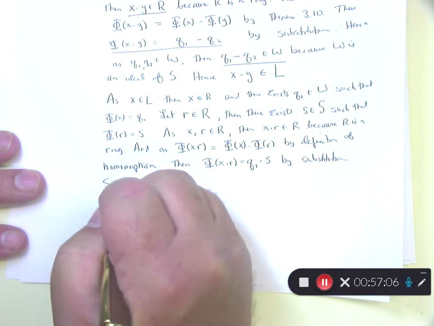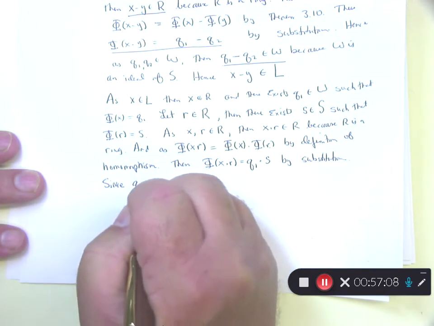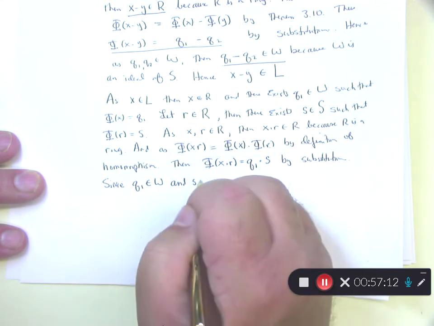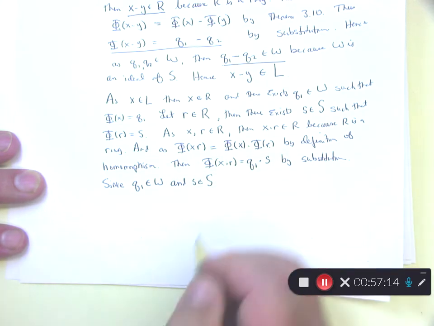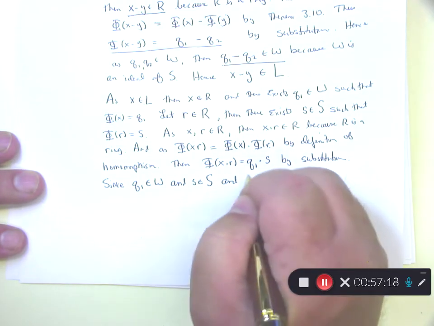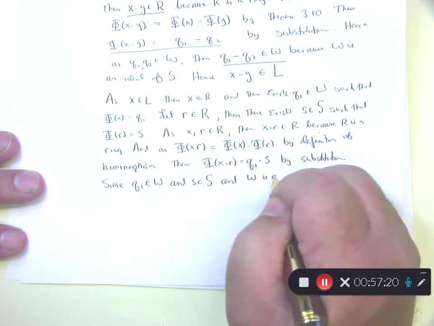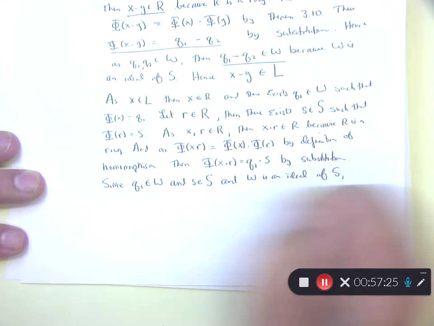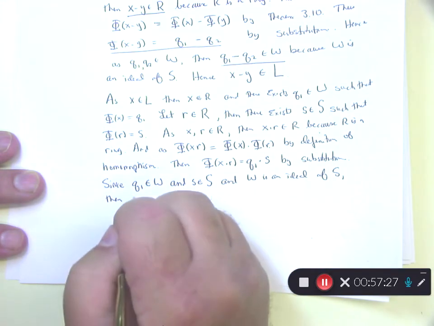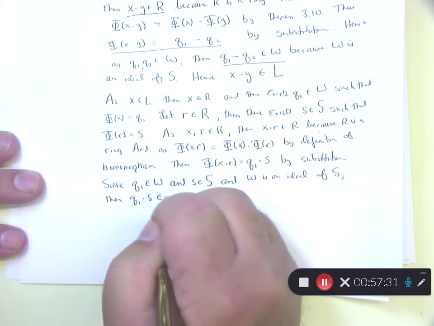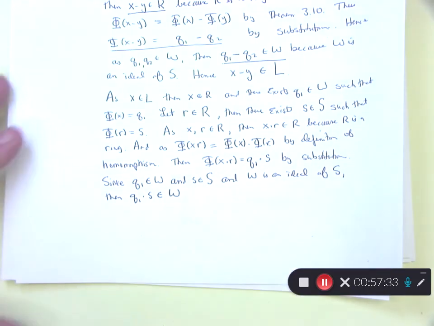Since q1 is an element of W and s, little s, is an element of big S, and W is an ideal of S, then q1 times s is an element of W. That's a property of ideals.